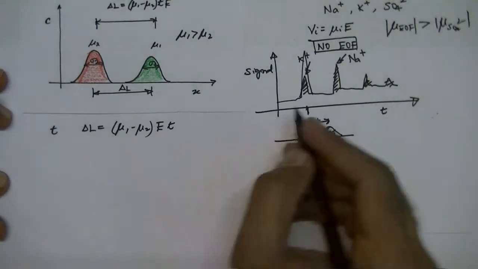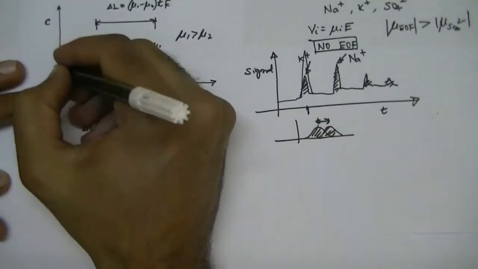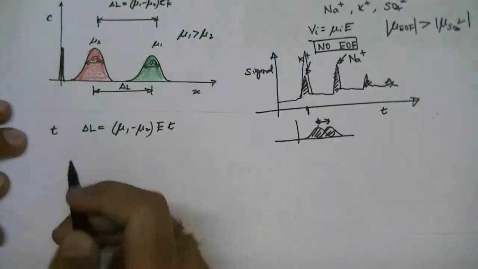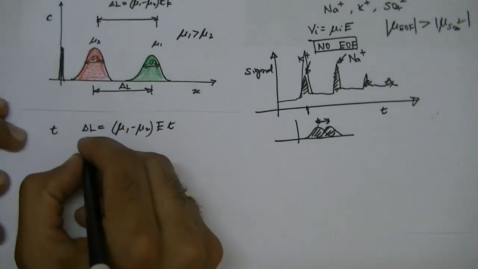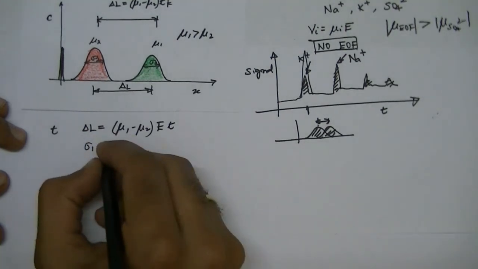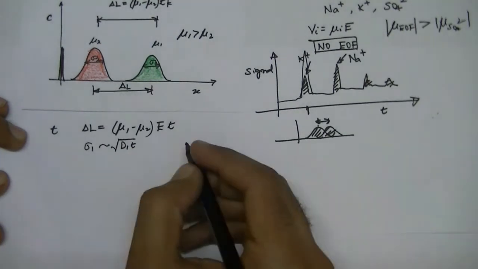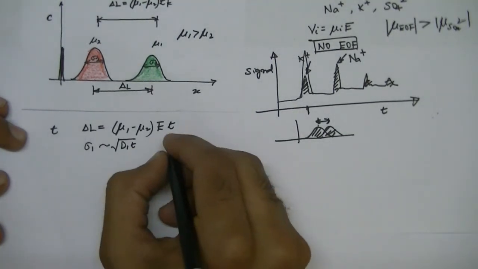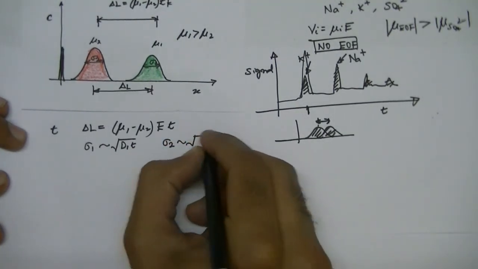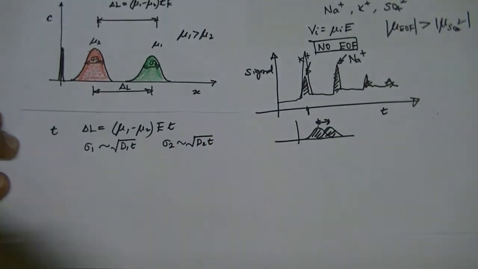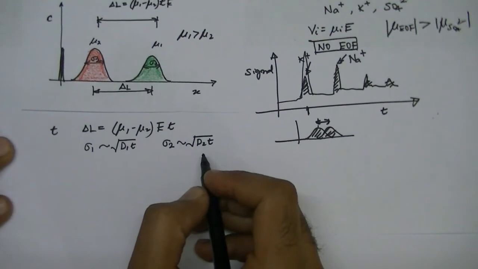So if we start out with a really sharp band of these two sample ions, we see that the width of these two peaks scales as the square root of diffusivity times the time. So sigma 2 also scales as diffusivity times time, and the diffusivity is of the second species.